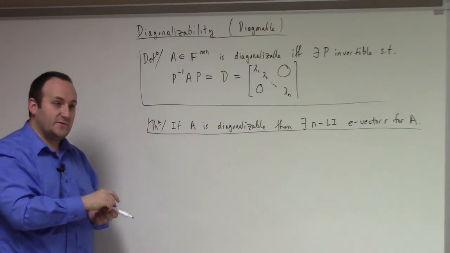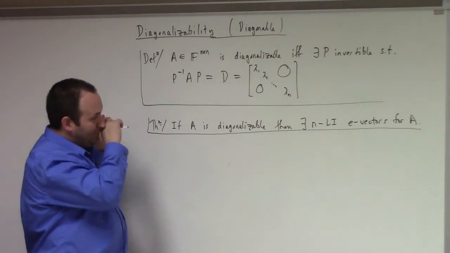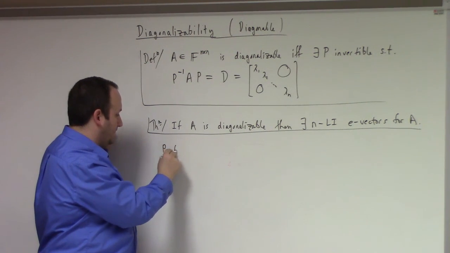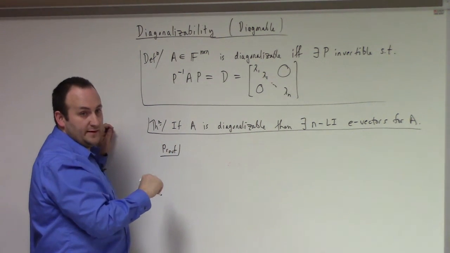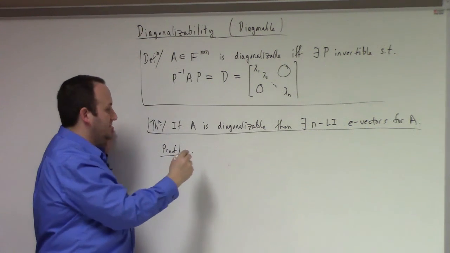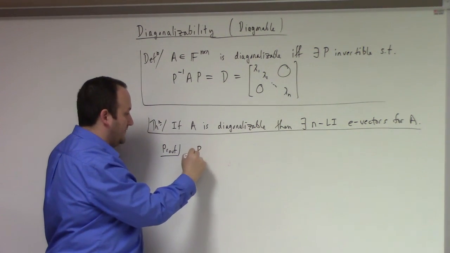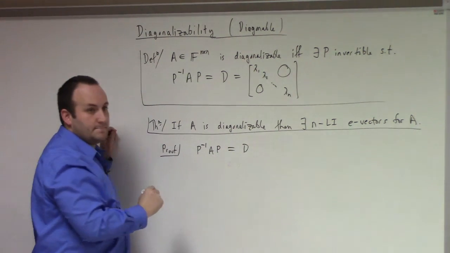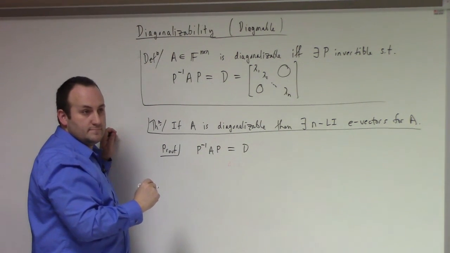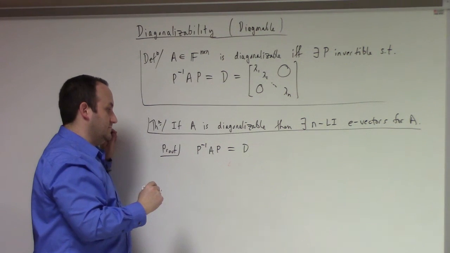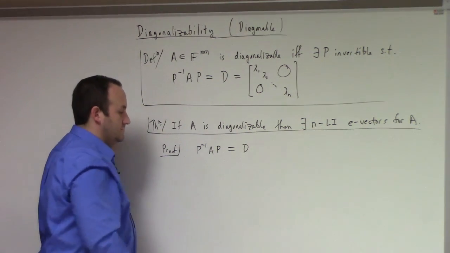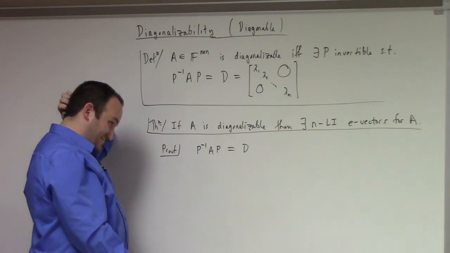Let me show how this goes. So what do we have? A is diagonalizable, right? That means we have P inverse A P equals D. But what does that mean?